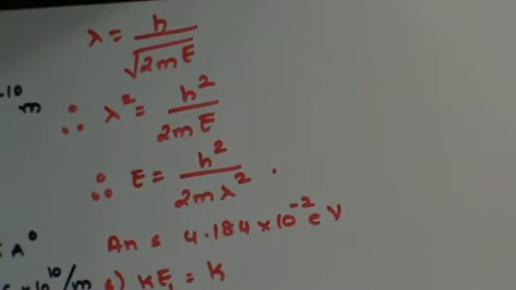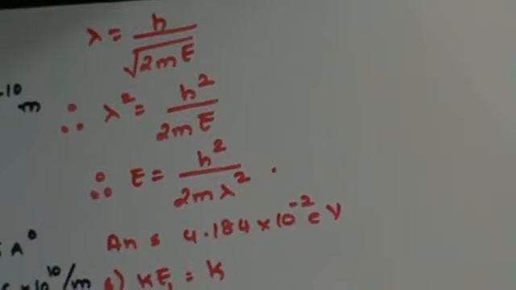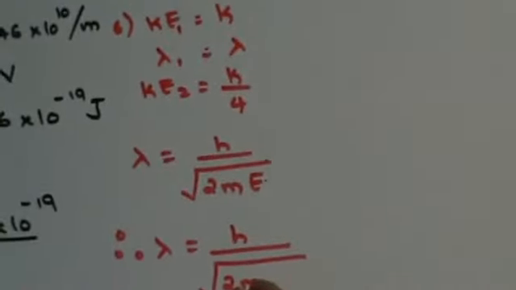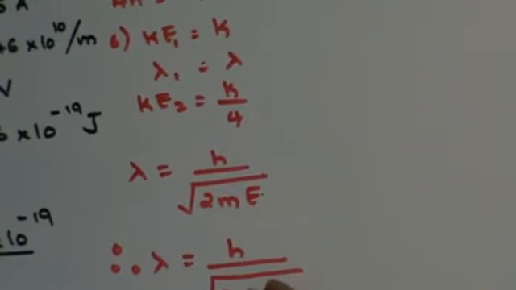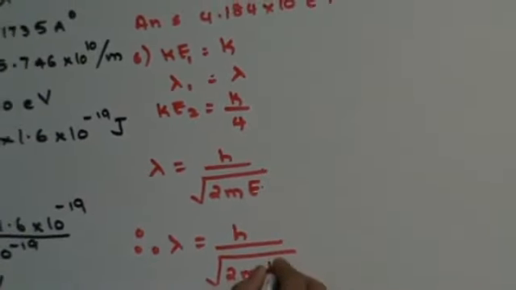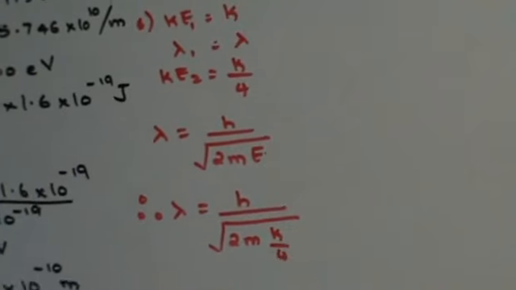Now, we know that lambda is h upon square root of 2mE. Therefore, lambda 1 will be h, which is constant, over square root of 2 times the mass of the particle, which would be the same, except that now the energy is going to be K by 4, right?